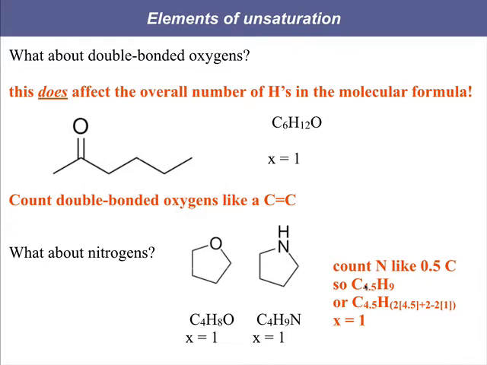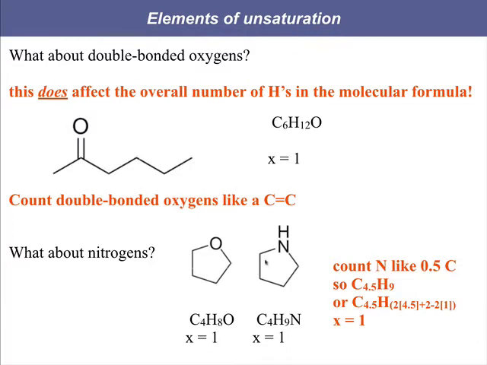So 2 times the number of carbons would be 9, plus 2 would be 11. So given 4 carbons and a nitrogen, the maximum number of hydrogens that we could have would be 11. 4.5 times 2 plus 2. This is not 11, this is 9, which means that we have one element of unsaturation.